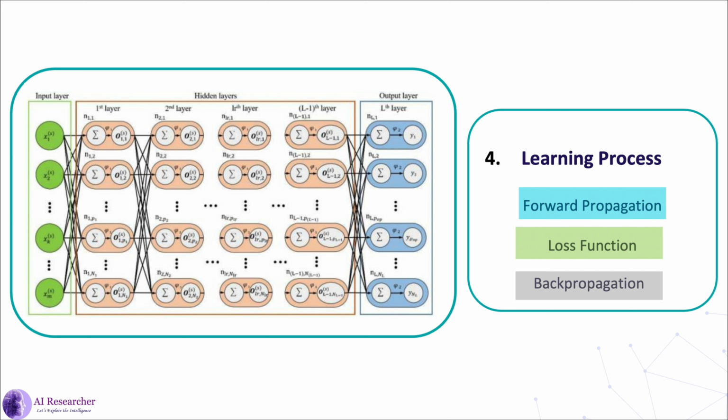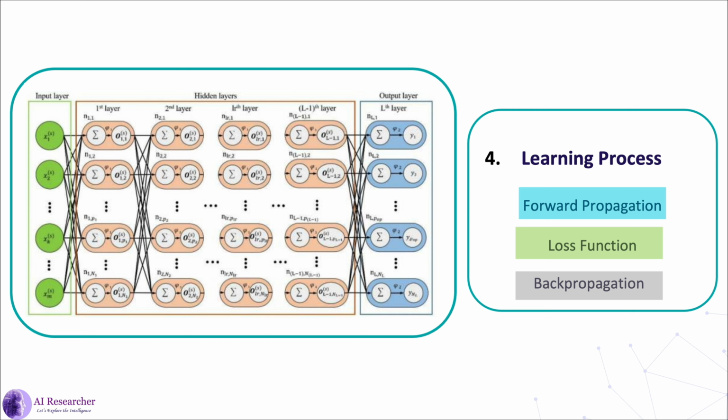And what is the role of the loss function? It compares the output of the network to the desired output and quantifies the error of the model. About backpropagation, it is used to minimize the error of the neural network by adjusting its weights. So the key or primary goal is to improve the accuracy of the neural network's predictions.